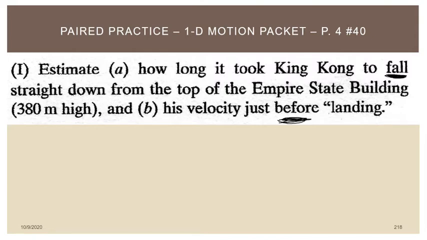So whenever you're asked to calculate the final velocity here in these free fall problems, the answer is not going to be 0. We are considering how fast the object, in this case King Kong, is going the instant before it makes contact with the ground. Because the instant it does make contact with the ground, there will be another force exerted on the object besides gravity, which means it'll no longer be in free fall.